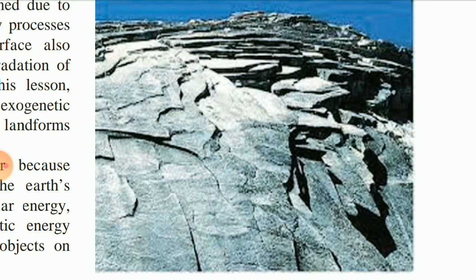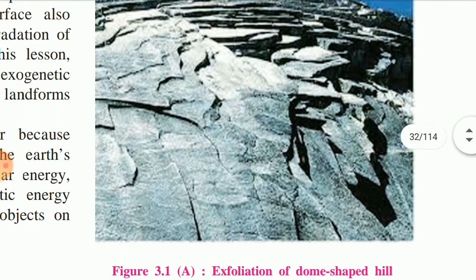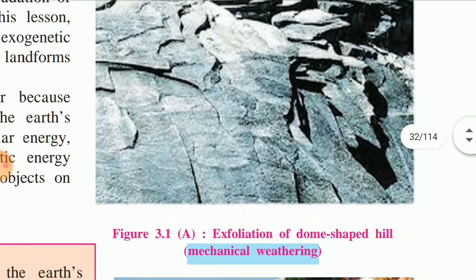Again, slowly the same agents keep on working, that is solar energy, wind, rain, and this rock also gets peeled up. So you can see in this picture that the top layer of soil is being washed away.